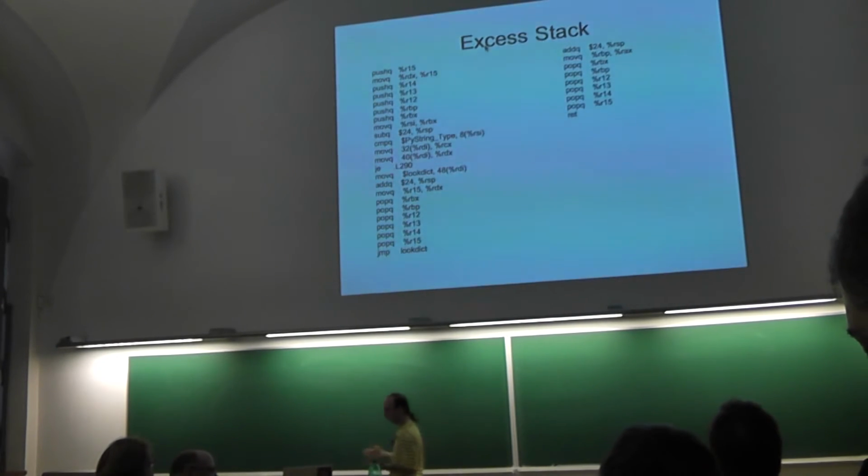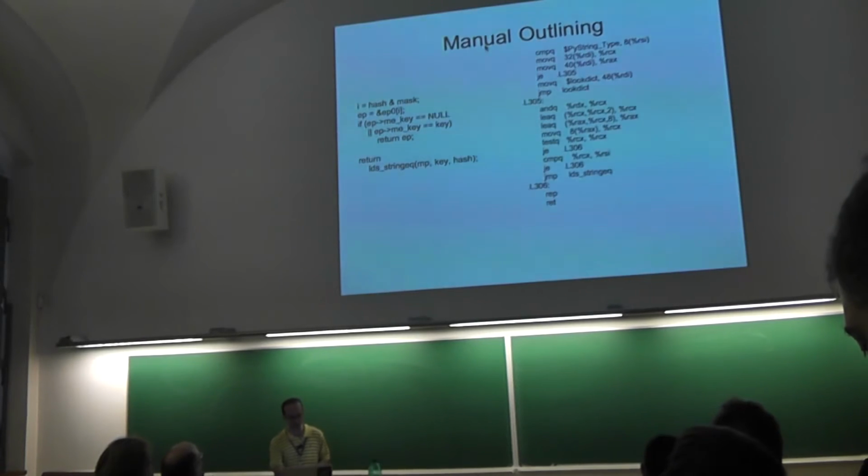So this gets to one optimization that we've been starting to implement in GCC, shrink wrapping.